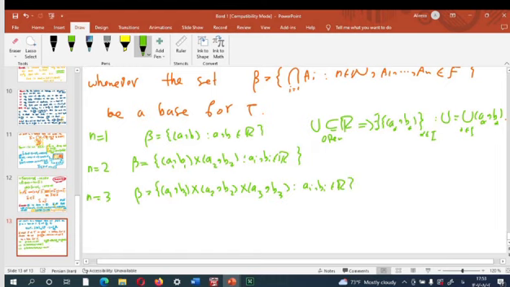This is a base for the Euclidean topology on R, this is the base for the Euclidean topology in R2, and this is the base for the Euclidean topology in R3.